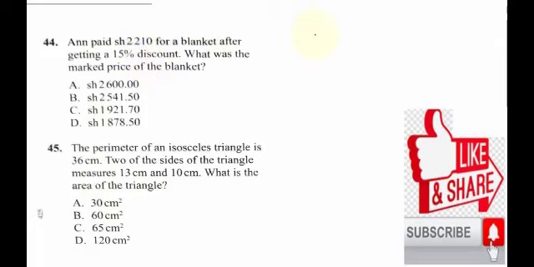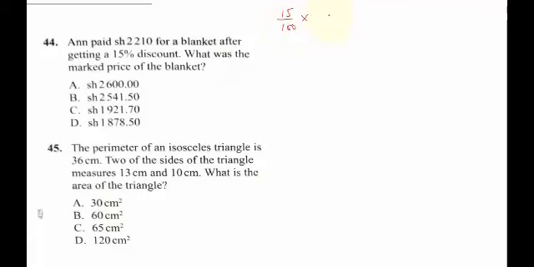So all we need to do, since it's a 15% discount, we're going to do 15 over 100 multiplied by the amount that was the marked price. So now we don't know the marked price. This is going to give us 0.15x.